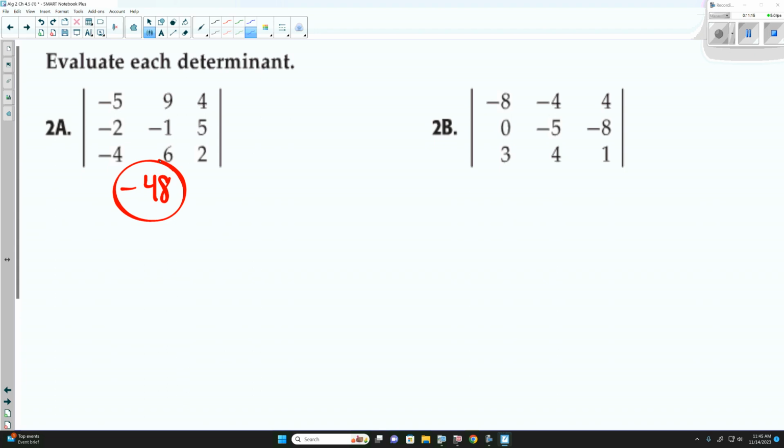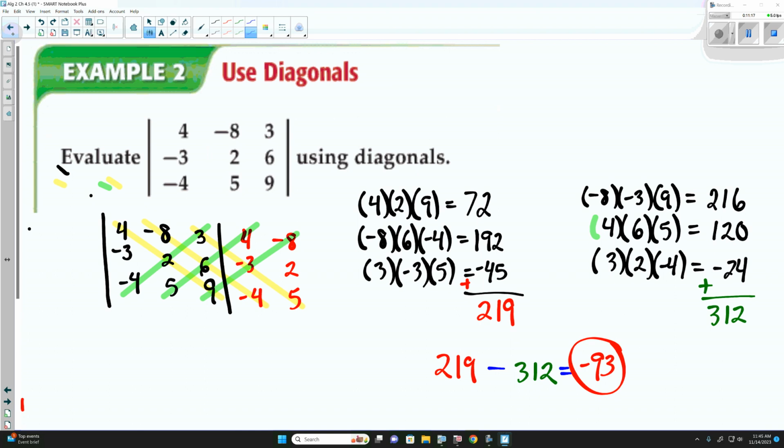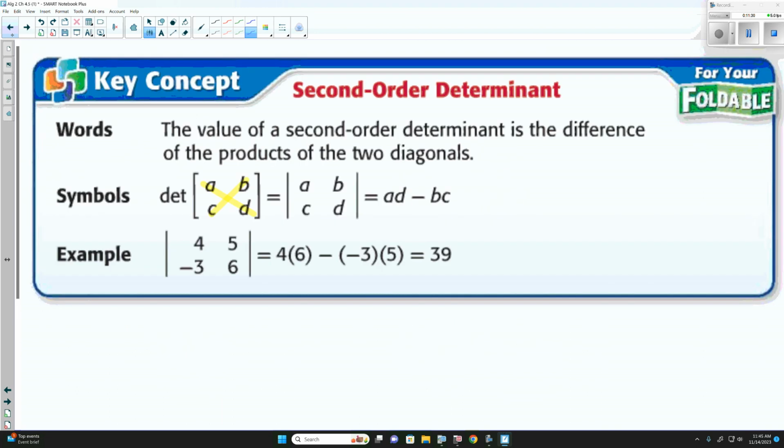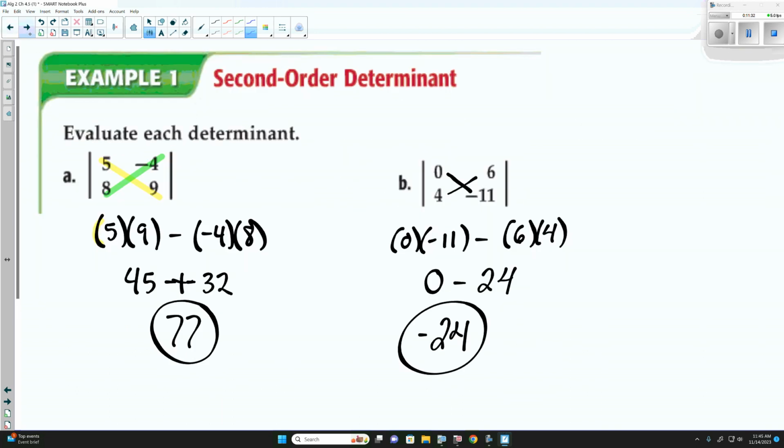Now, for the most part, the 3 by 3s can be done a little bit quicker in the calculator than you can do them by hand. Not a whole lot quicker, but a little bit. The 2 by 2 determinants, you can almost do them faster by hand than you can just typing them into the calculator using the determinant feature.